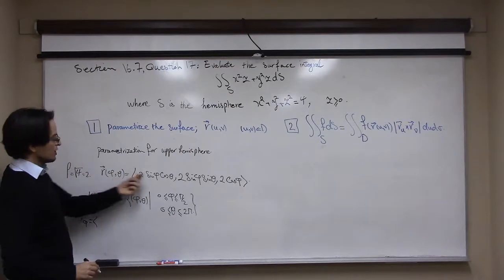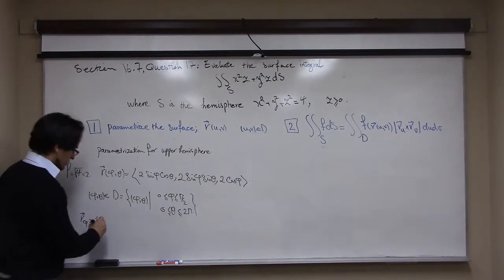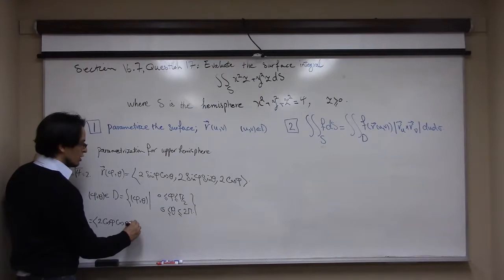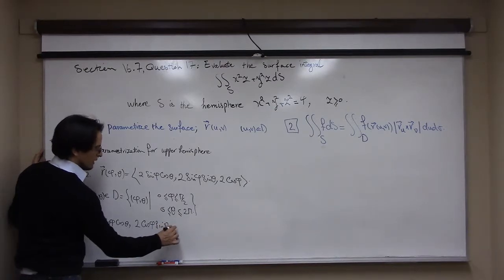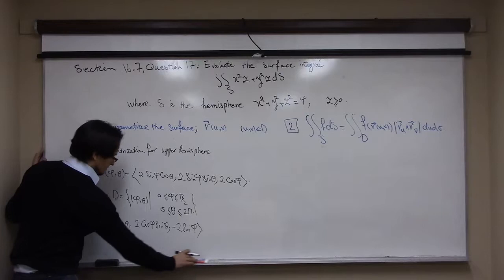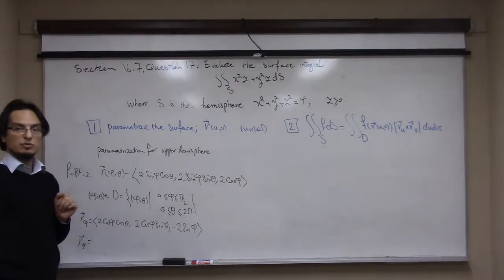Find the partial derivative of this vector with respect to phi. It is equal to 2 cosine phi cosine theta, 2 cosine phi sine theta, and then minus 2 sine phi. Then I have to find the partial derivative of r with respect to theta.